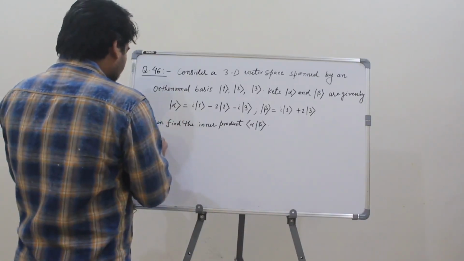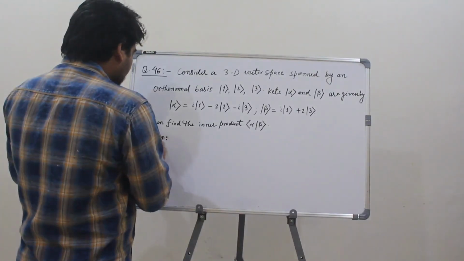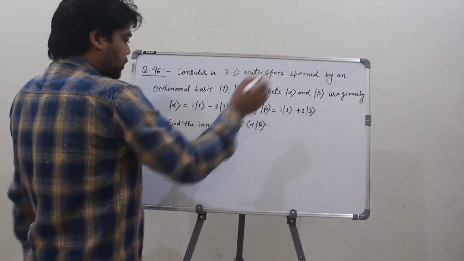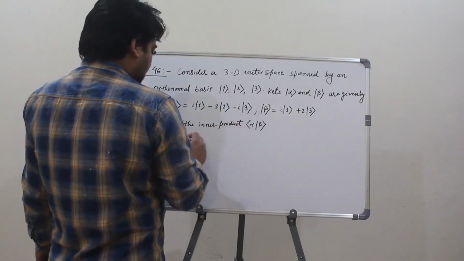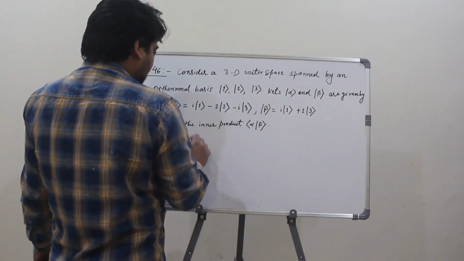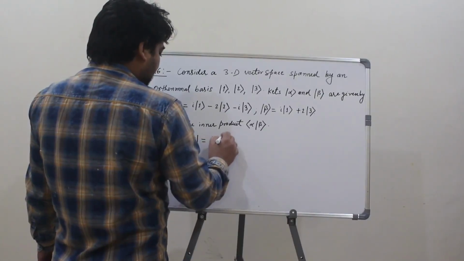So, solution. Even though the problem is easy, you need to be careful. Let us calculate the bra corresponding to this ket alpha, which is alpha star.